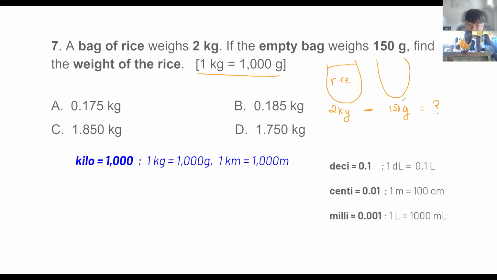So what is 150 grams in kilograms? How do we change this to kilograms? We divide this by 1,000, right?